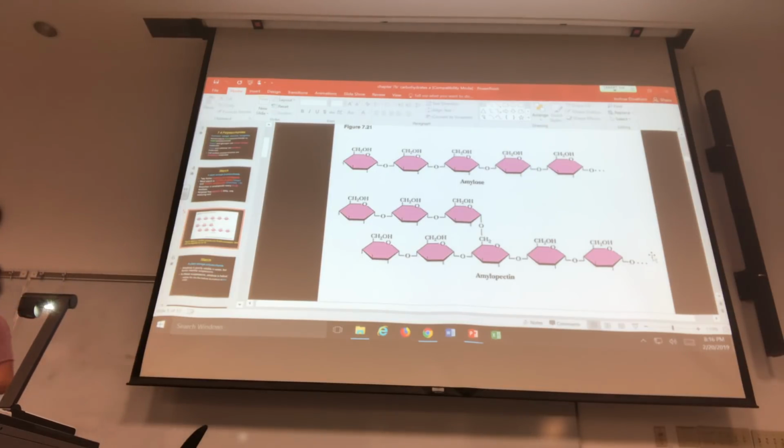There were 20 amino acids, but there were little shortcuts you could make, where if there's an amino group in this amino acid, I know it's a basic amino acid, and that helps narrow down your choices. For polysaccharides, look for certain features to figure out which one you are looking at.